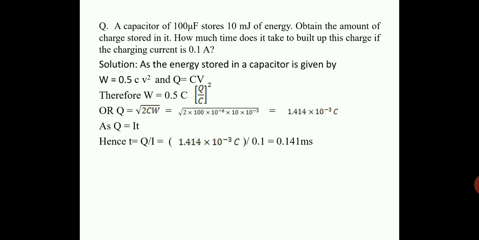Here what data are given? Capacitance value, that is 100 microfarad, energy stored by the capacitor, that is 10 millijoules, current 0.1 ampere, and the question is to find the charge stored by the capacitor and time period t.